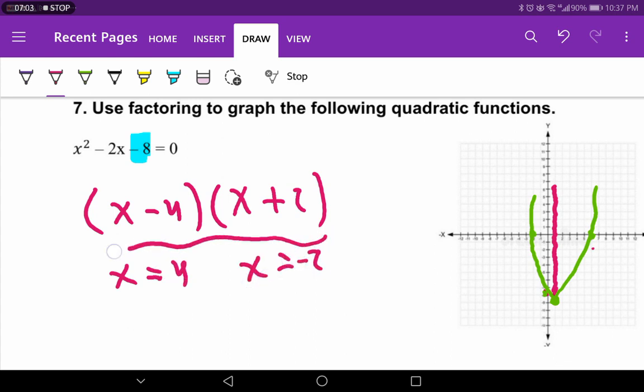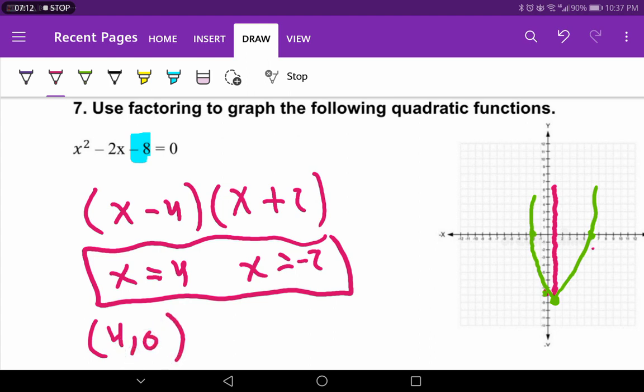You remember how we did this? These are called the x-intercepts. That means this is 4 and 0, and this is negative 2 and 0. Because of that, I plot them here, my dear student. Are you happy with that? This is how to graph.